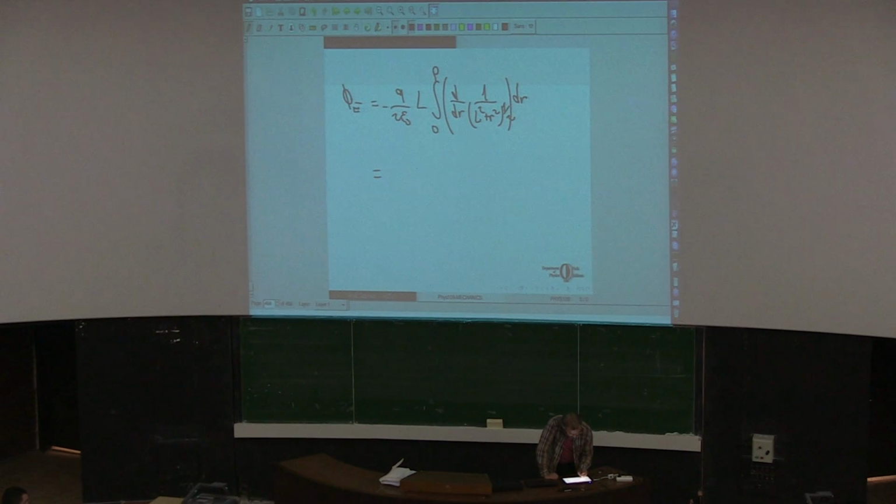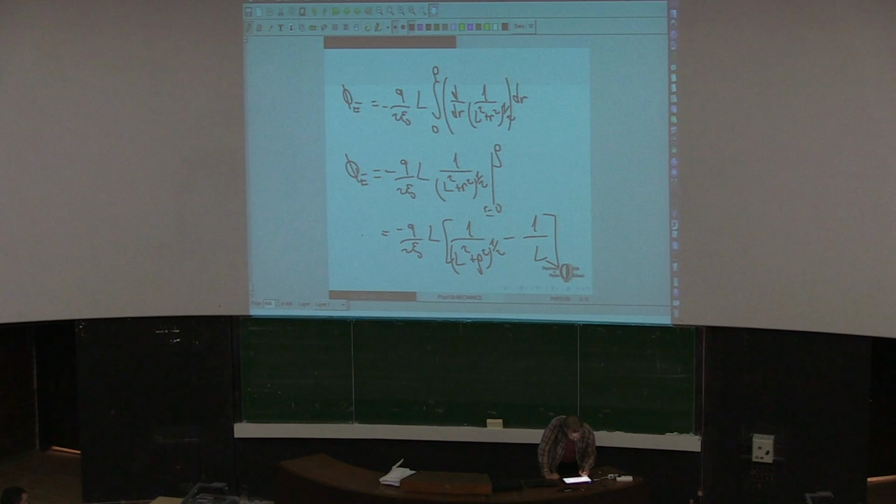This is equal to minus q over 2 epsilon 0 L times 1 over (L squared plus R squared)^(1/2) from 0 to rho. So phi e is minus q over 2 epsilon 0 L times [1 over (L squared plus rho squared)^(1/2) minus 1 over L]. This is our flux.